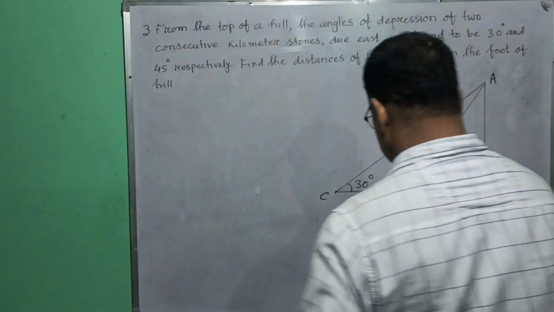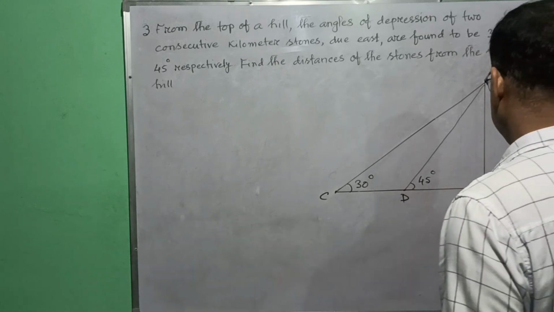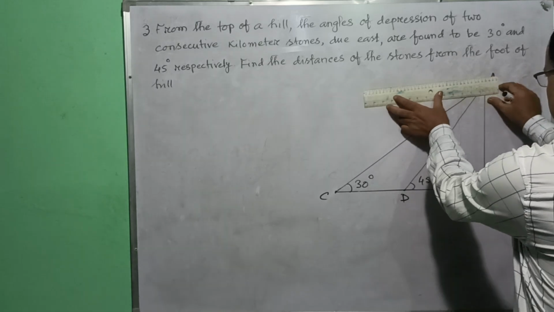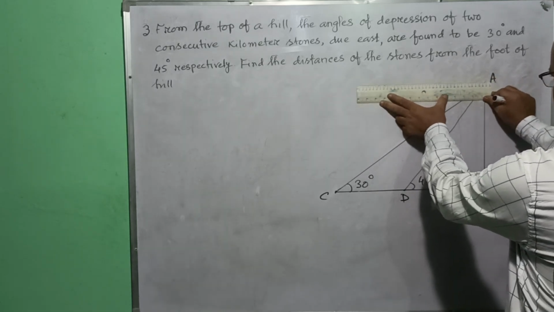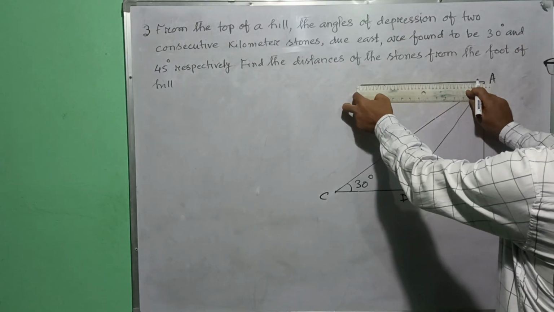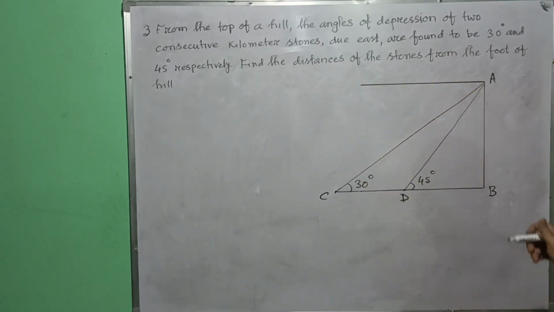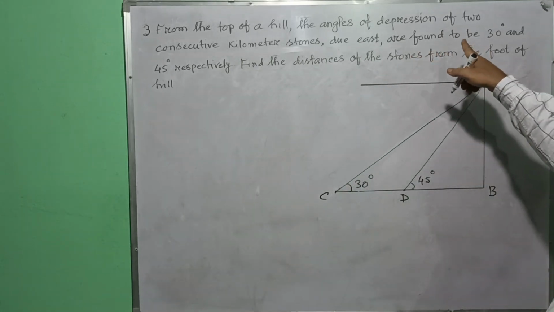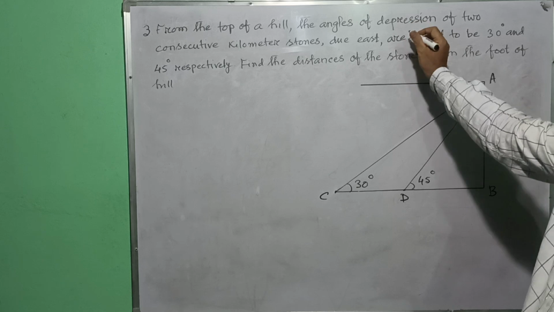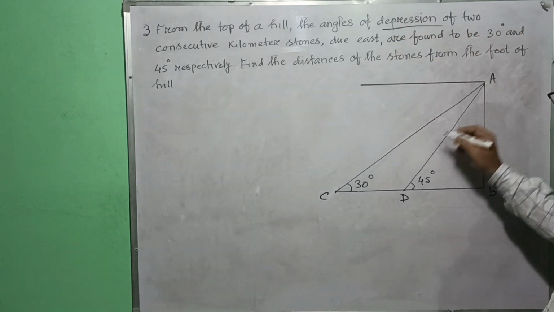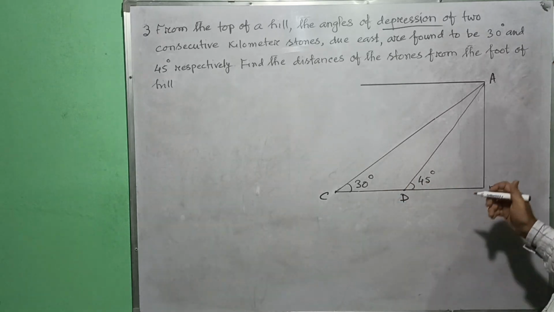But how we got this 30 and 45 degree, you see? Actually, for this you have to draw a horizontal line here. Now here it is given angle of depression. So we cannot write directly here 30 and 45 degree.